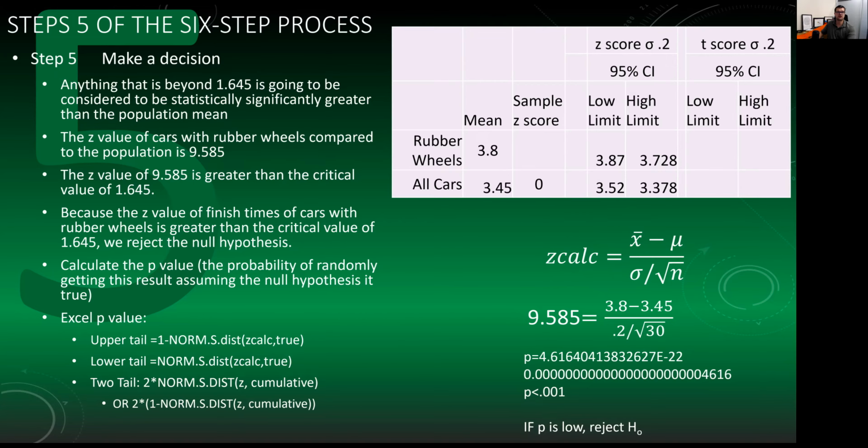You compare the z calc to the z crit, and because the z calc of 9.585 is above the z crit of 1.645, you reject the null hypothesis. Or you can compare the p-value of less than 0.001 to the alpha value. If the p is less than your alpha, which our alpha was 0.05, you can also reject the null hypothesis. In other words, if p is low, reject H0 is what it says.